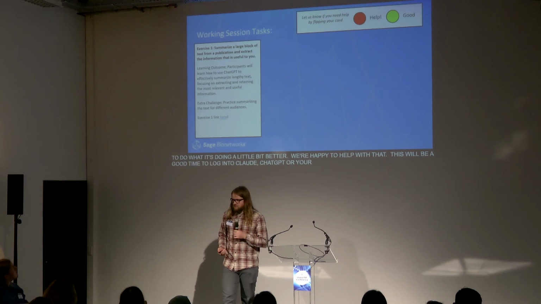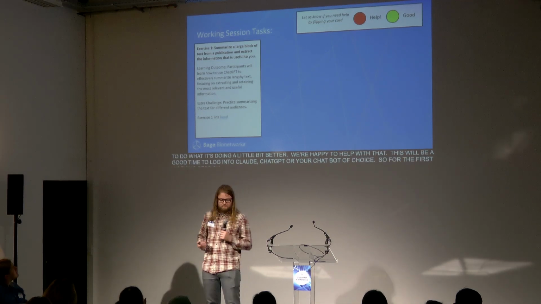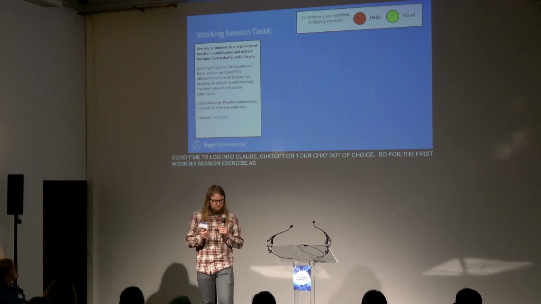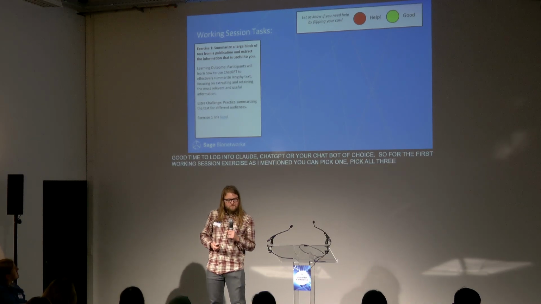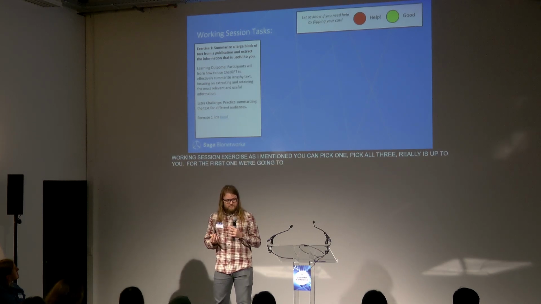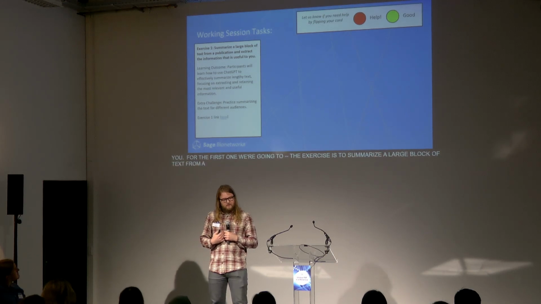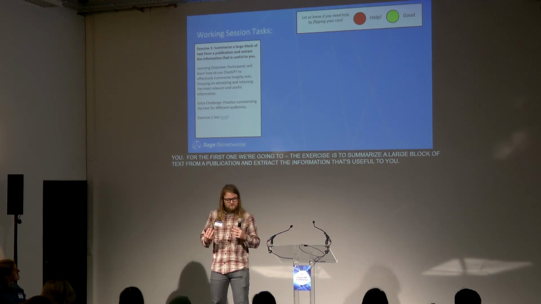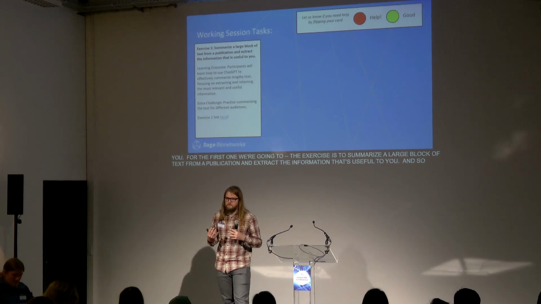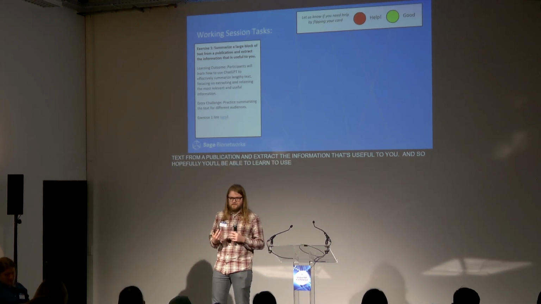So for the first working session exercise, as I mentioned, you can pick one or all 3, really up to you. For the first one, the exercise is to summarize a large block of text from a publication and extract the information that's useful to you. Hopefully you'll learn to use ChatGPT to effectively summarize text and then extract and retain the information that's most interesting to you.